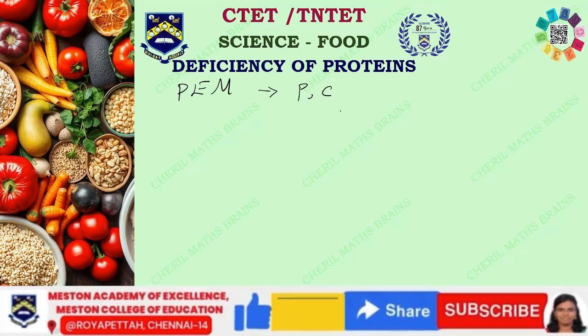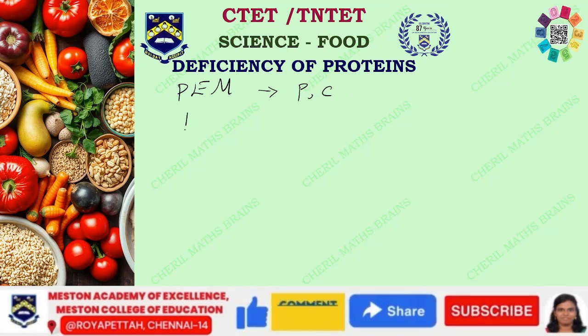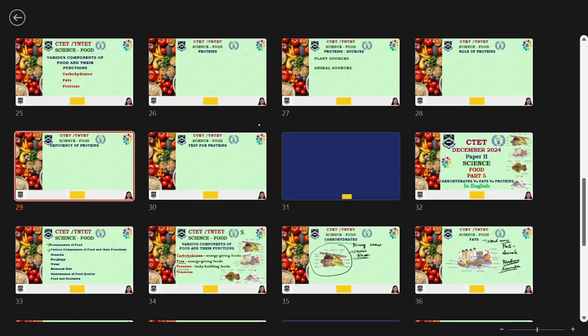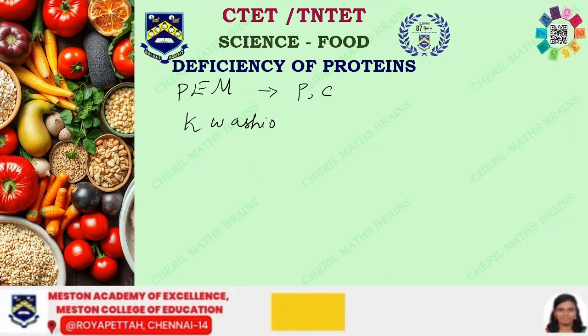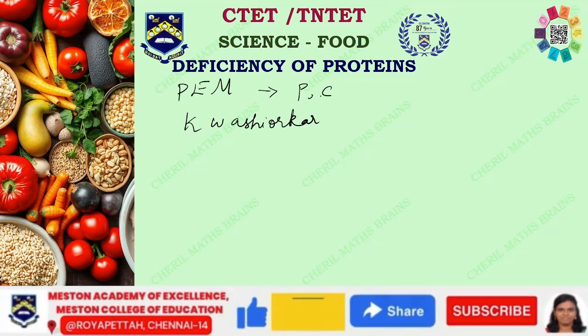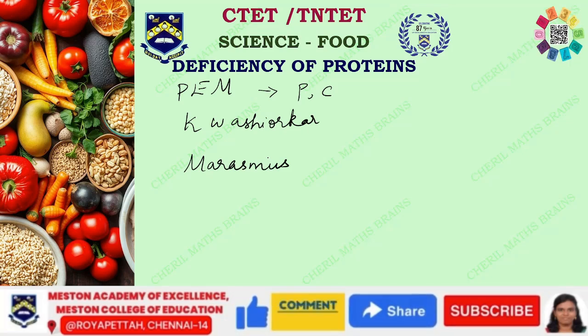So in that case, you have diseases like kwashiorkor, and you will have another condition called marasmus. So these are the two conditions which might occur.